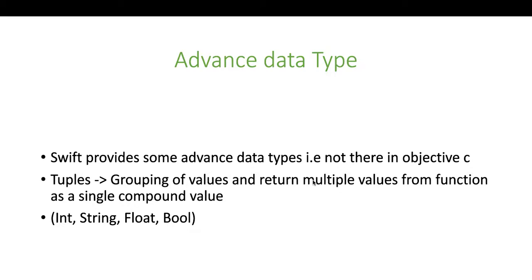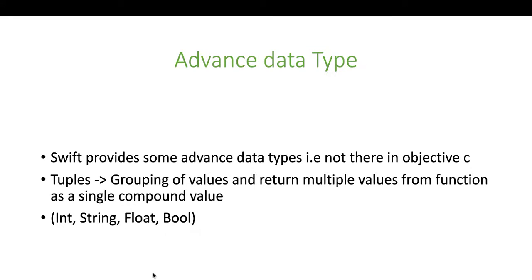Advanced data types. Swift also provides some other data types that are not there in Objective C, like tuples. Tuples mean grouping of values, and they return multiple values from a function as a single compound value. A single compound value means that you have a value containing all the data. Like you have user information, right?